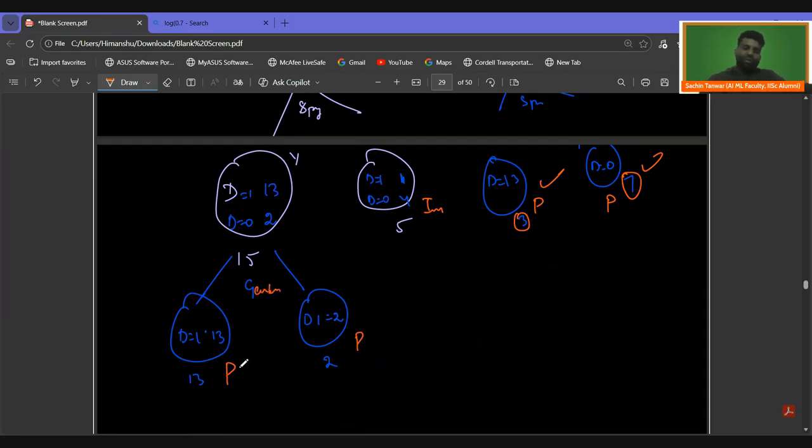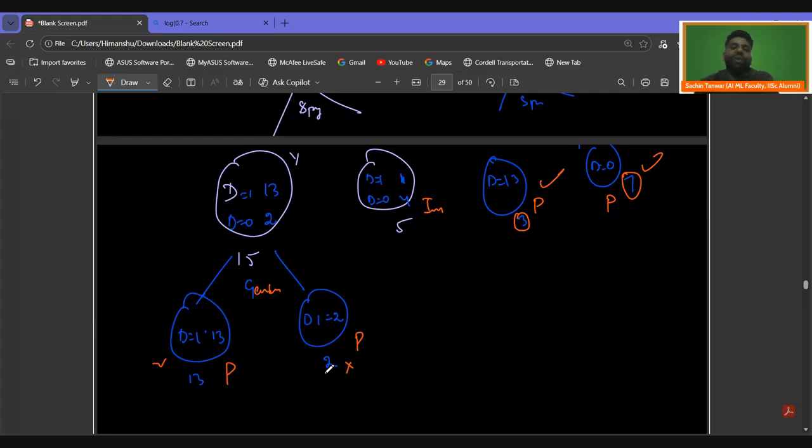Now, this is good, but this might not be good. Why am I saying having only 2 nodes in a leaf node is not a good sign? Because on the basis of just 2 data points, it would not be a good idea to say that whatever test data point I get, he will also not like, just because I had a majority saying that they do not like Dhurandhar.